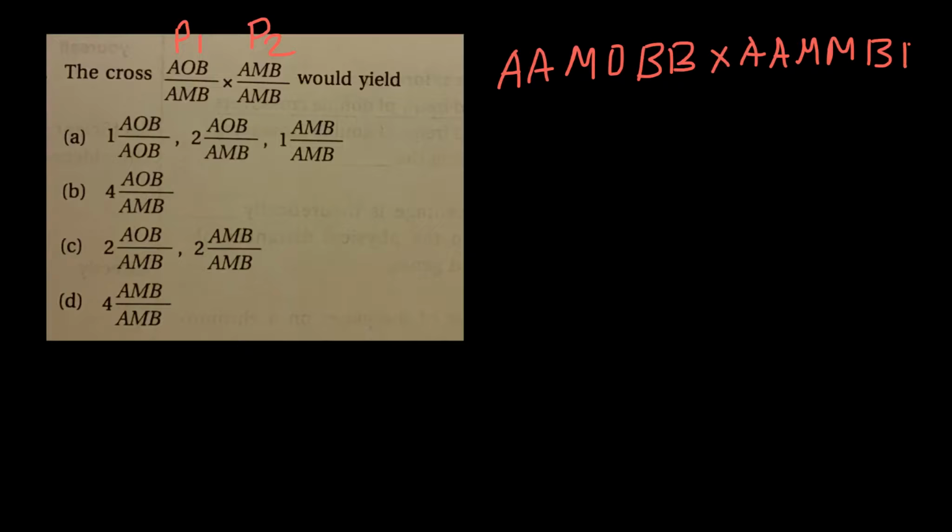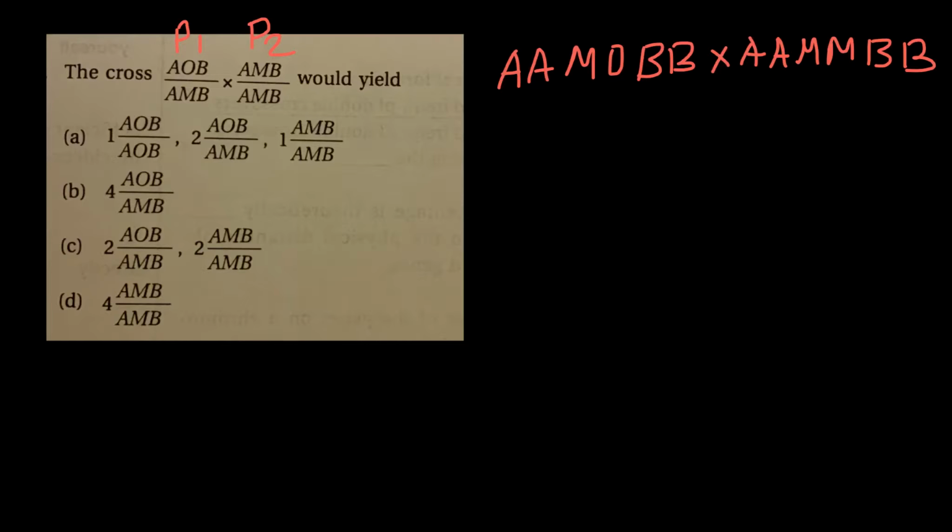Parent 1 genotype is capital A, M, O, and B, B. And we cross with another parent whose genotype is capital A, capital M, and capital B.